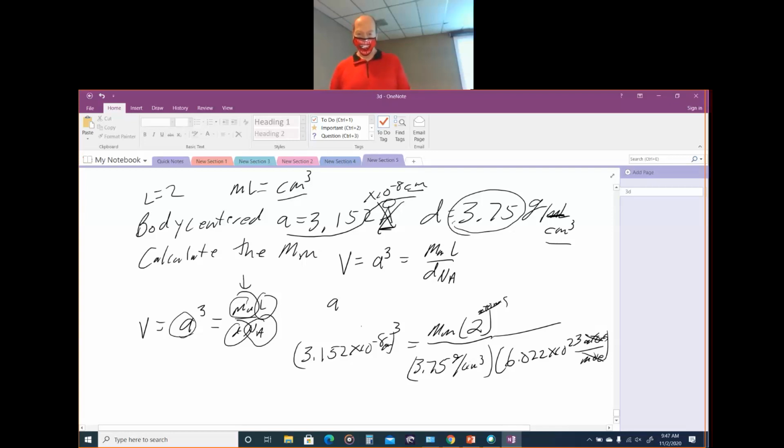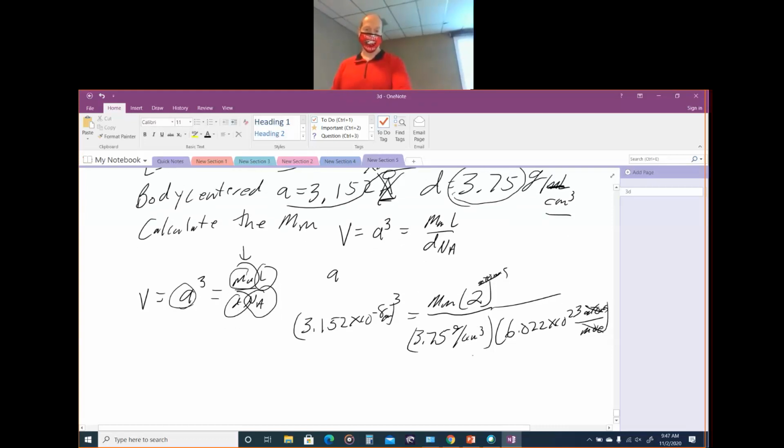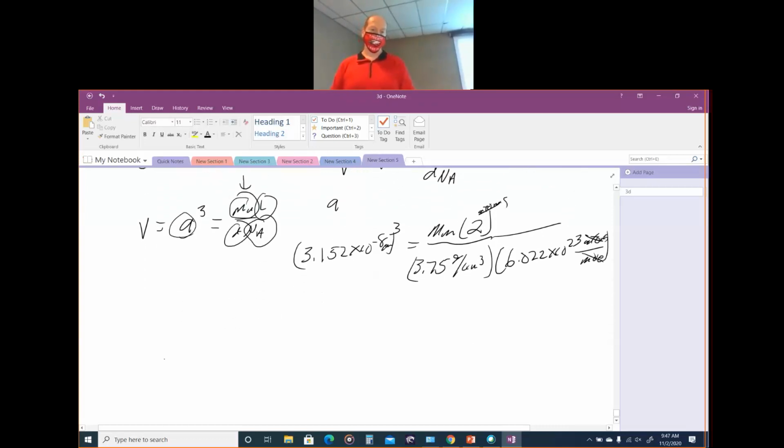When you solve for this, all right, so let's solve this. And then we will cancel our units. So we have 3.152 times 10 to the minus 8 centimeters, and we're going to cube that.